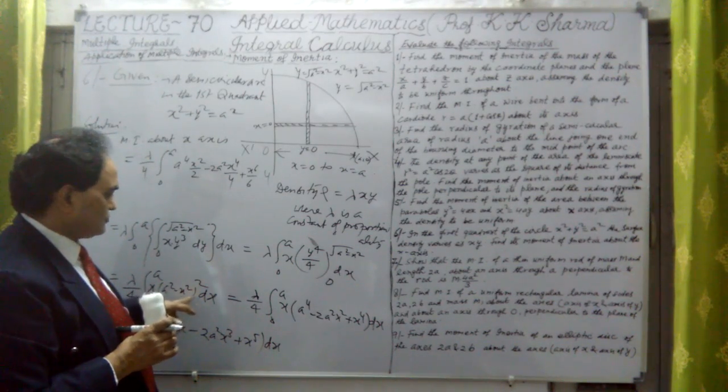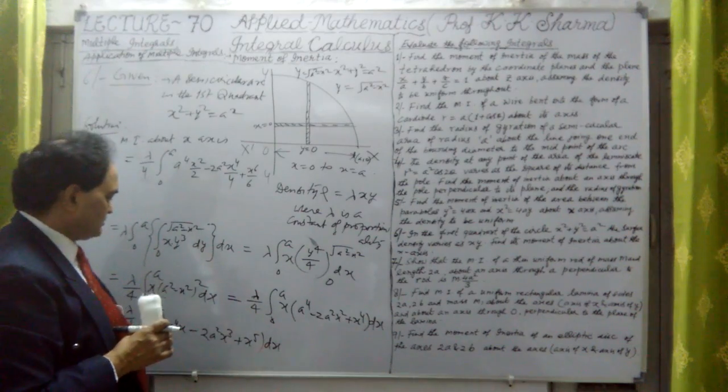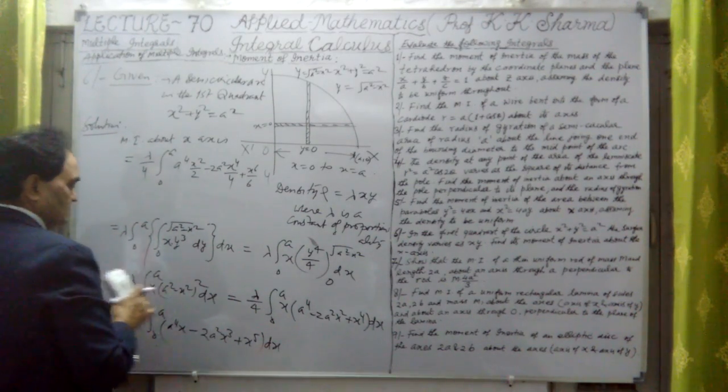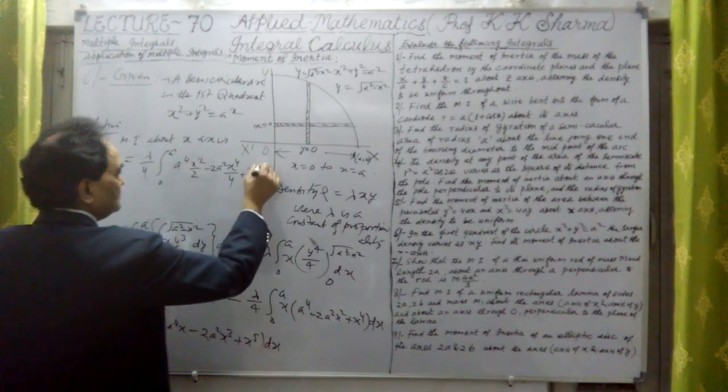Because x square here, x⁴ into x gives x⁵, then integrated as x⁶ upon 6.